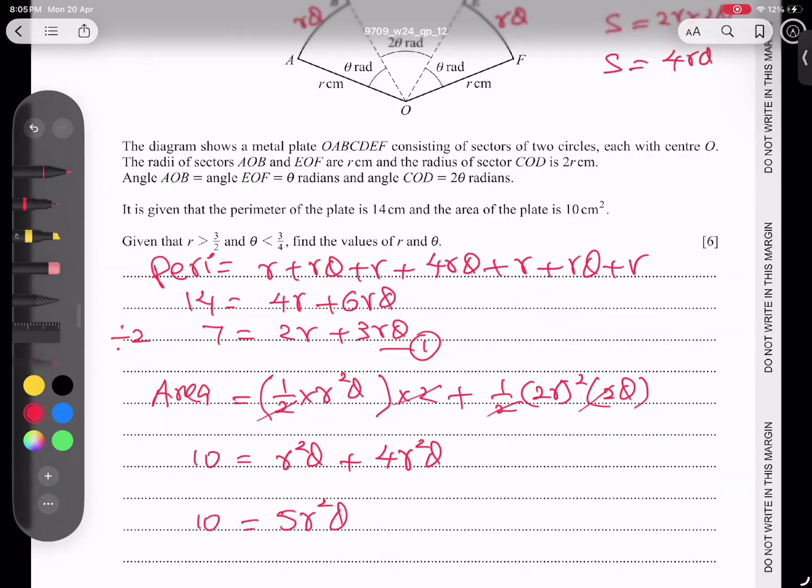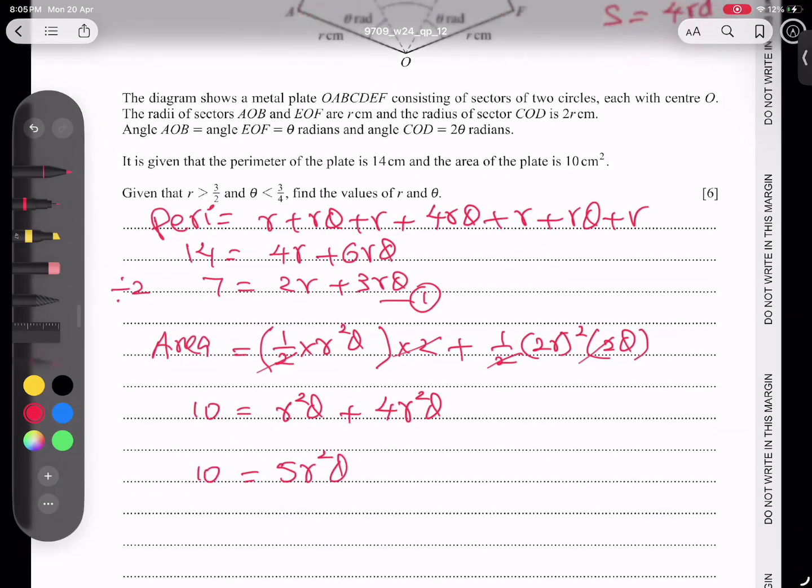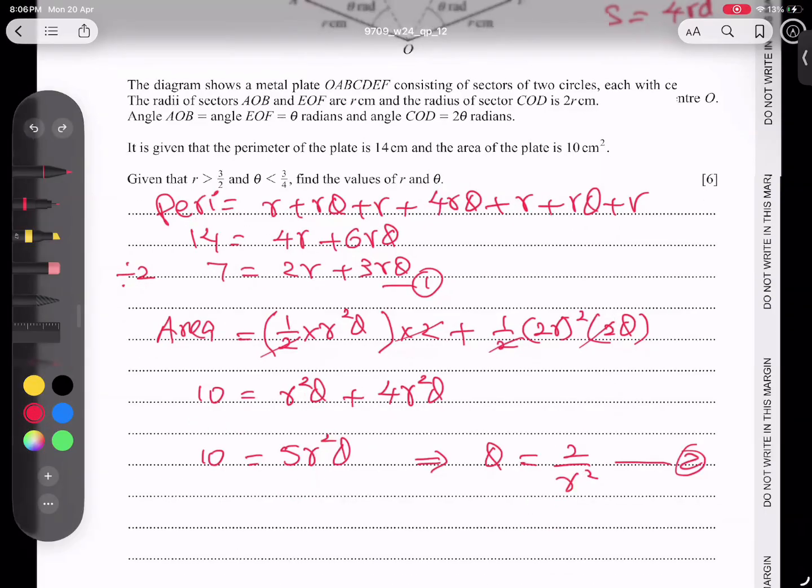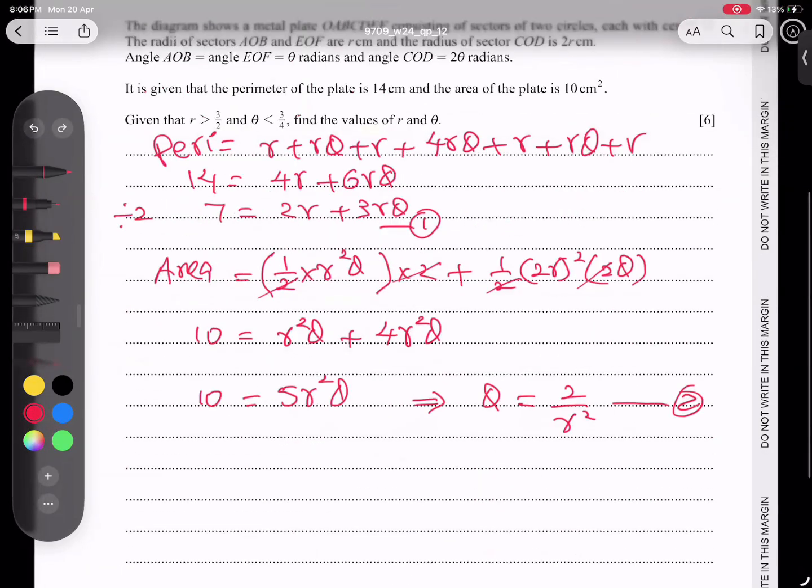It's equal to 10. I can take theta as the subject. So 5 twos are 10, and theta equals 2 over r squared. This is equation number 2, which I'm going to plug into equation 1. What is my ultimate task? To get r and theta.